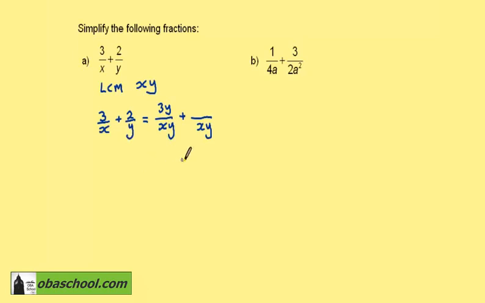Y has been multiplied by x. We need to do the same to the 2, so we get 2x. Now they're over the same denominator, we can simply add. If we add, we get 3y plus 2x.